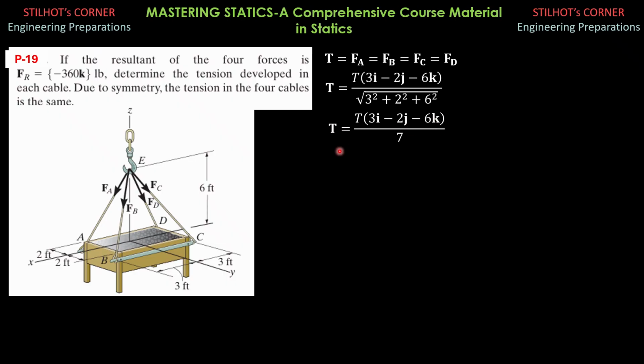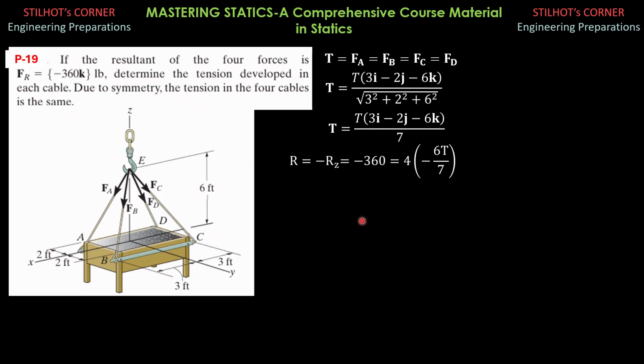So the z component of each force is negative 6 over 7 of T. We multiply that by 4, then equate it to negative 360. So R z is negative 360, which equals 4 times the z component, negative 6 over 7 T.